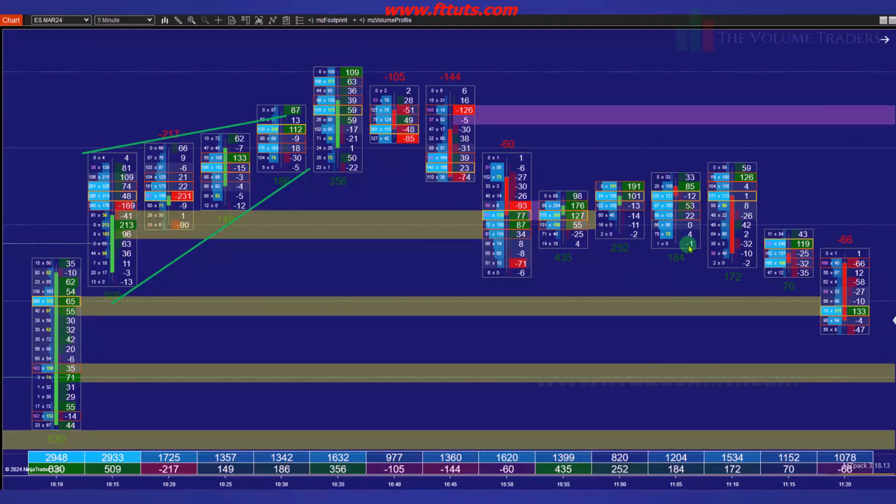The footprint chart was created by the Market Delta company and was released publicly in 2003. So it's amazing that it was over 20 years ago, and I heard about this for the first time kind of 3 years ago. So footprint charts are nothing new.